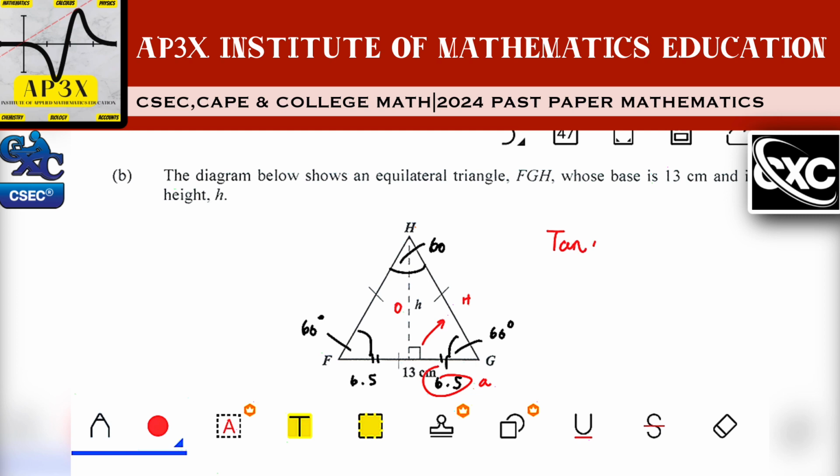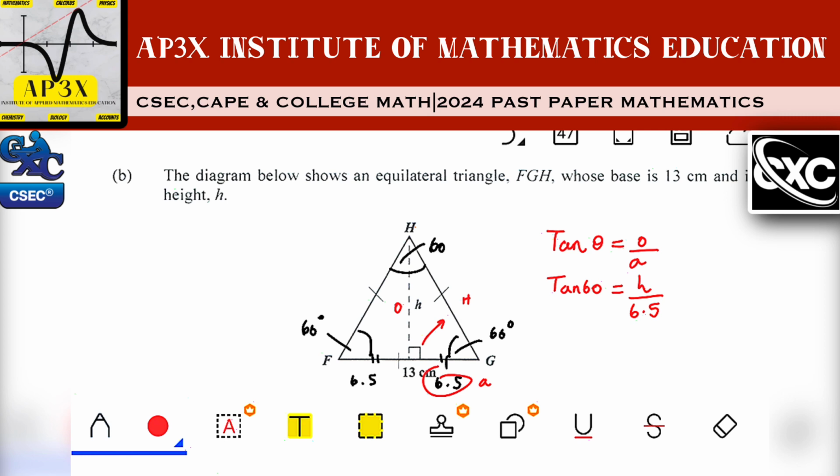So tan theta is equal to opposite over adjacent. Therefore tan of 60 degrees is equal to the opposite side, which is h, over the adjacent side, which we have split the 13 into 2 halves, that is 6.5.